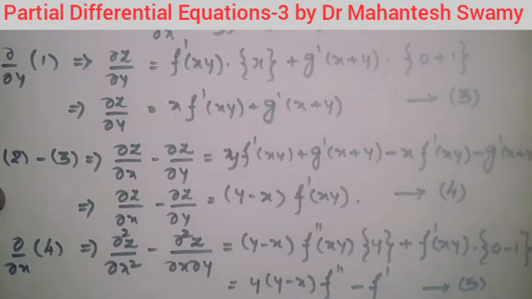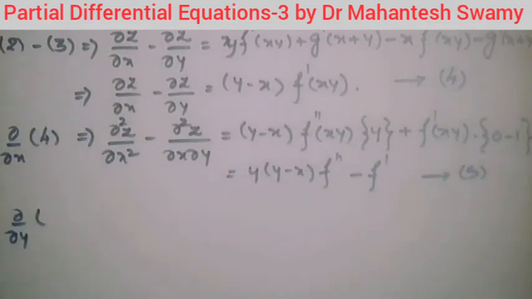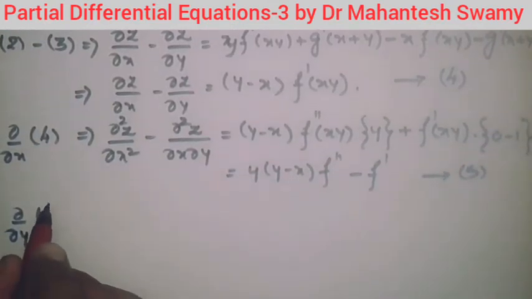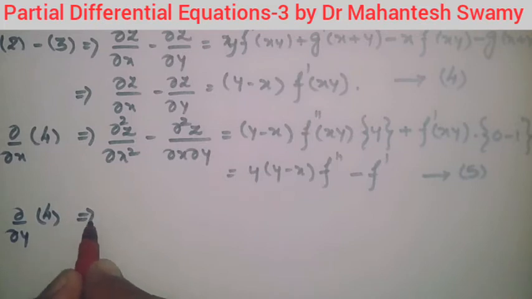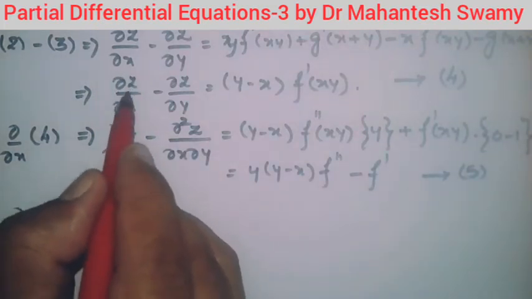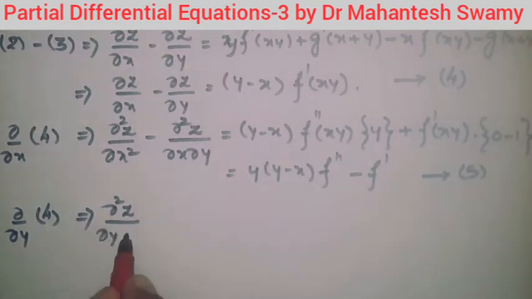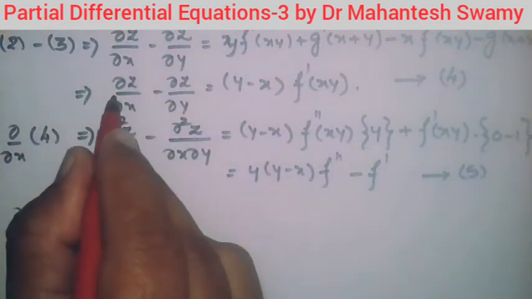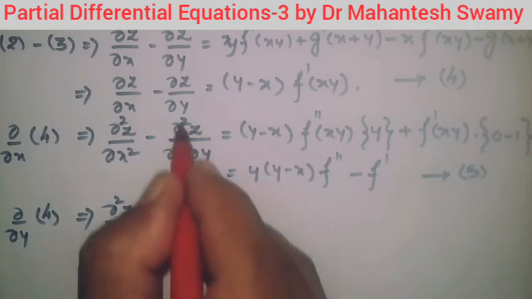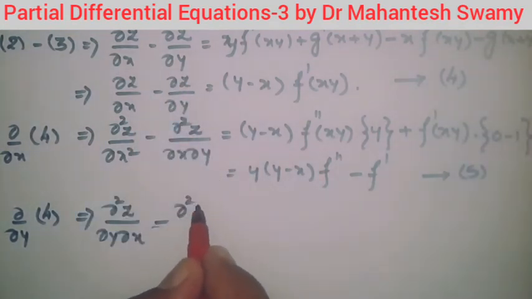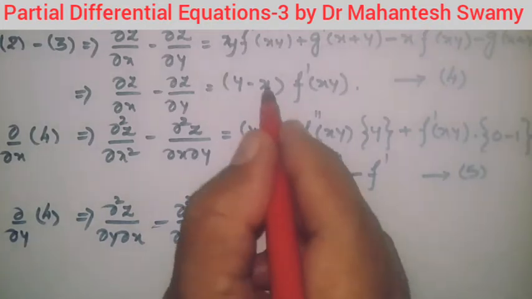And when we consider ∂/∂y of equation number 4, that is, we are differentiating equation 4 partially with respect to y, that implies this will give us the mixed derivative ∂²z/∂y∂x this time, because it is already ∂z/∂x there, minus here the second order derivative of z with respect to y, that is ∂²z/∂y², and again the product rule.